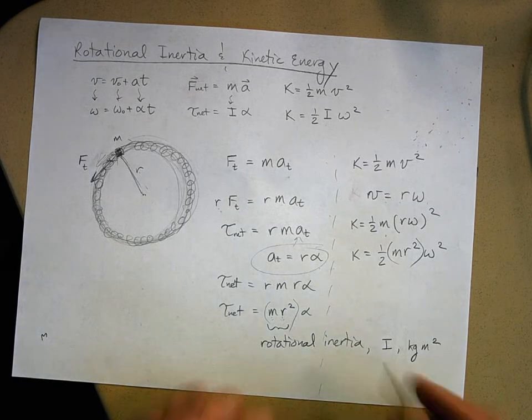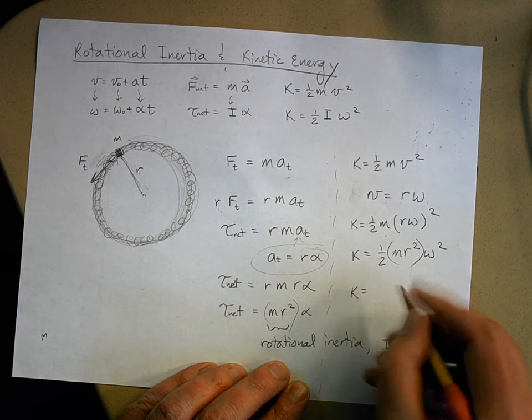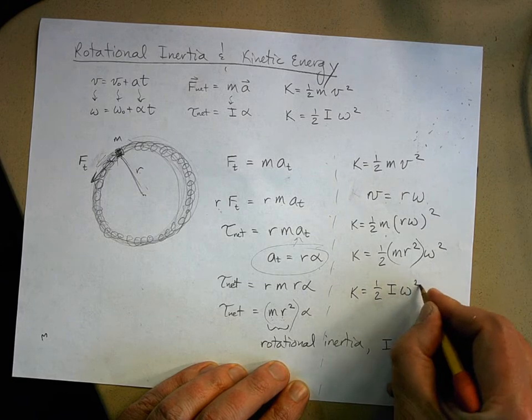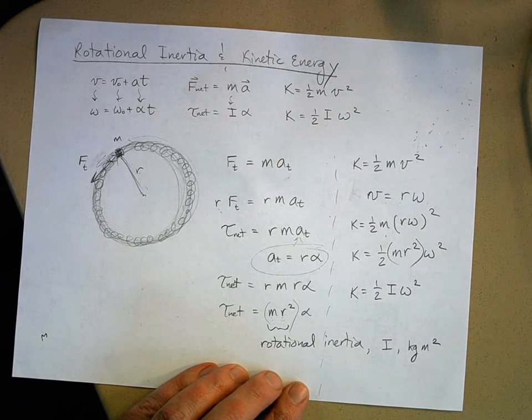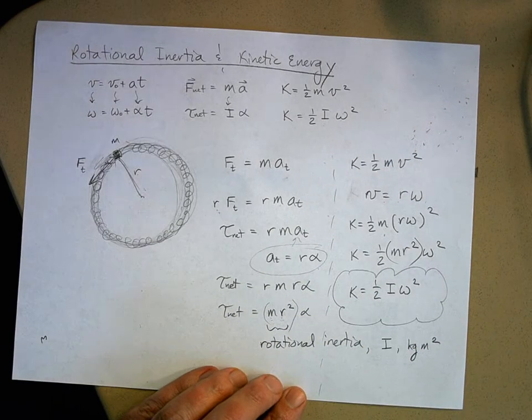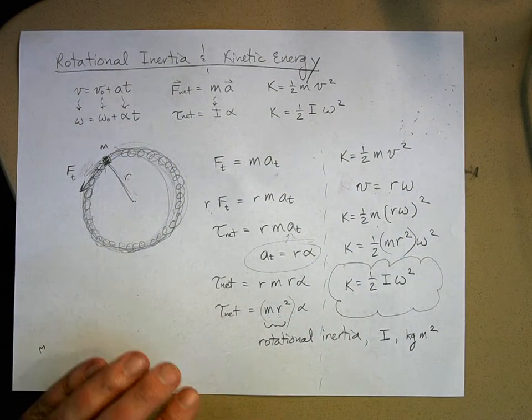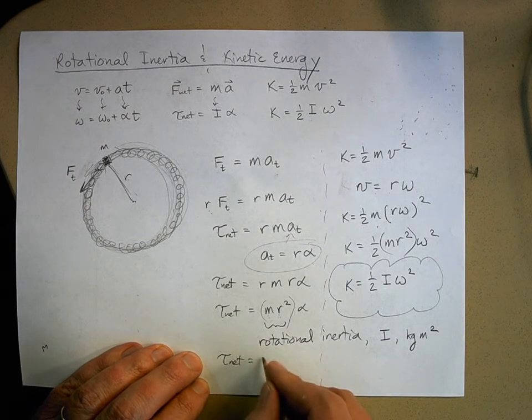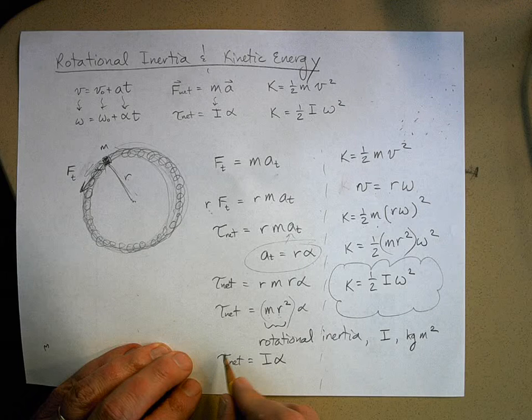So now I can write my kinetic energy equation as 1/2 I omega squared. And now I can write my torque equation as I times alpha.